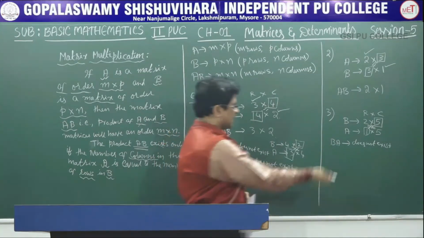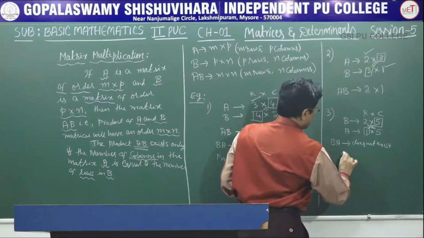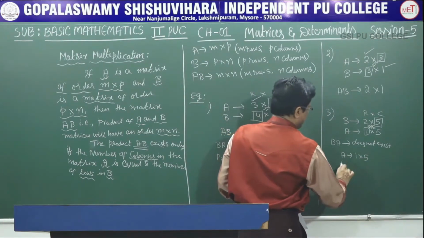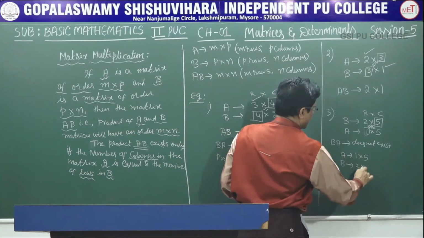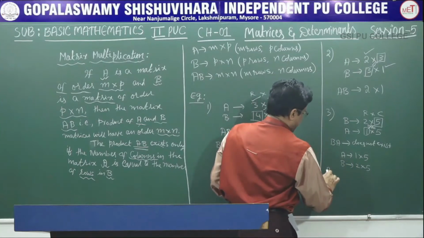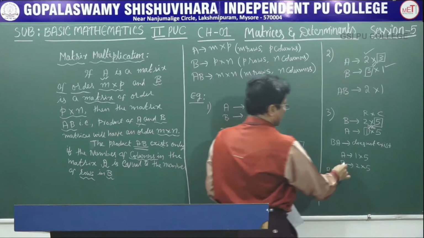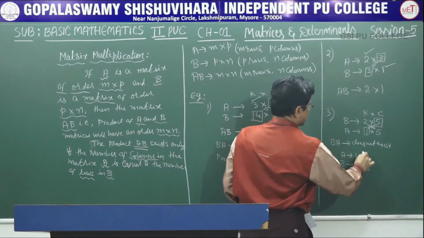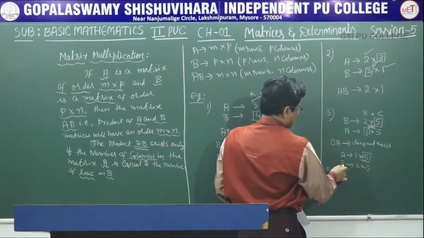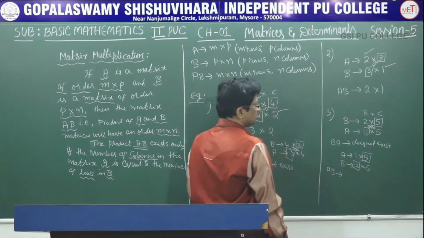Let us verify in the same example whether AB exists. Here A is of the order 1 into 5 and B is of the order 2 into 5. AB does not exist because the first matrix, that is A here, has 5 columns and the matrix B, which is the second matrix, has 2 rows.